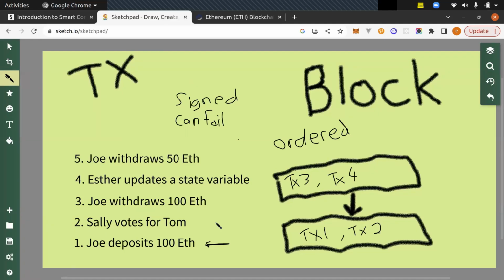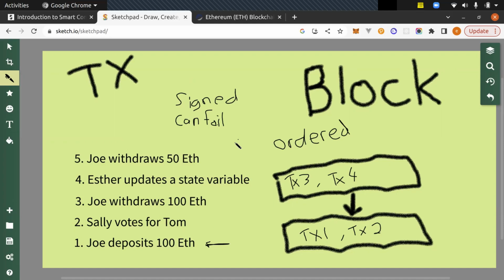So that's basically it. What is a transaction? It is nothing more or less than one record entry into our ledger, one entry into our database. Conceptually, we can think of these as transactions that all happen in order. They are cryptographically signed, and they can fail if need be. They might not be added to the blockchain.